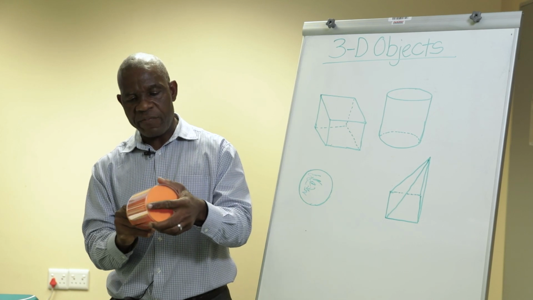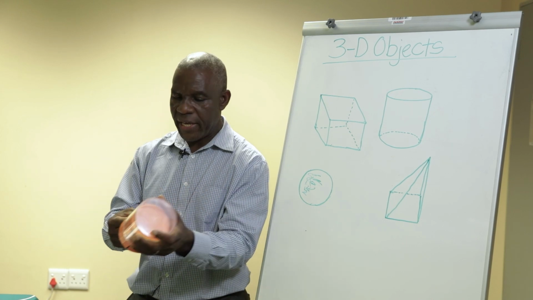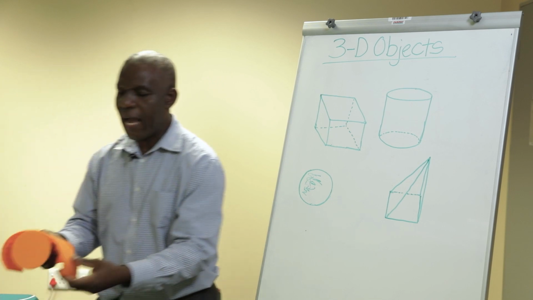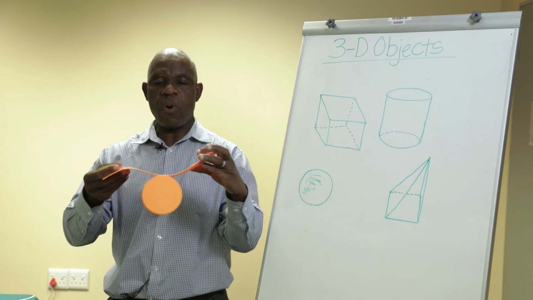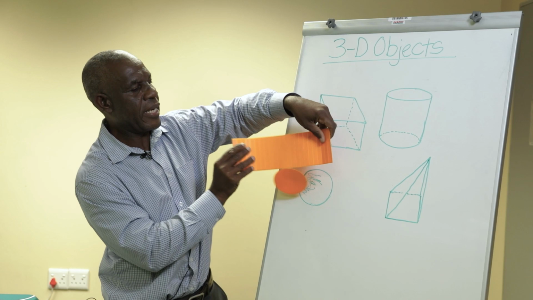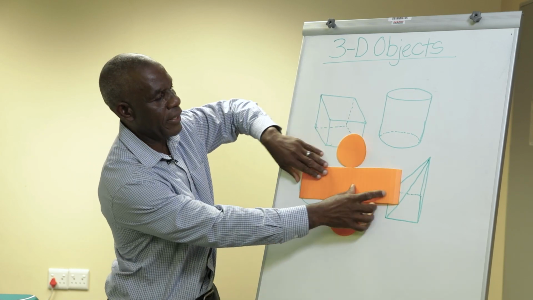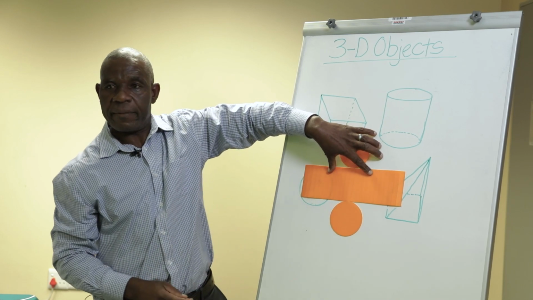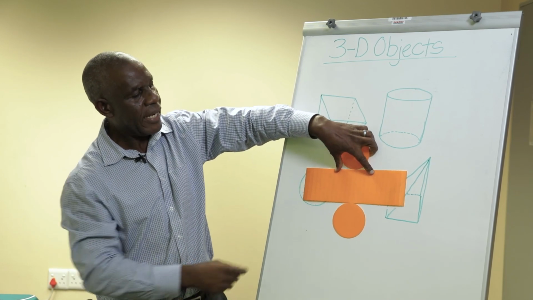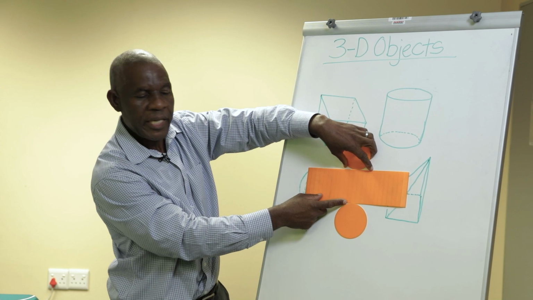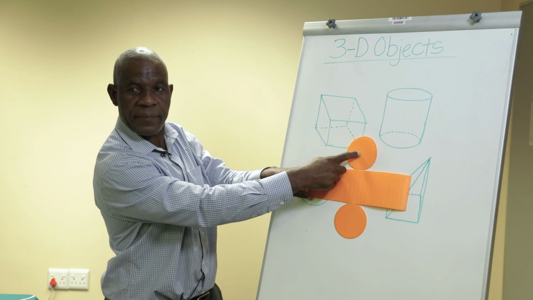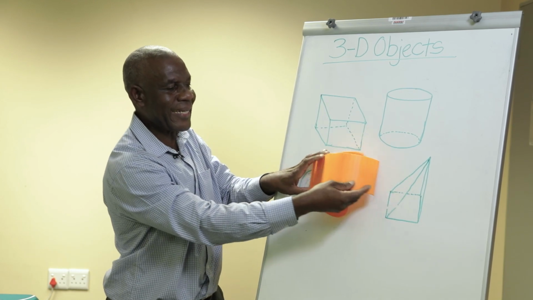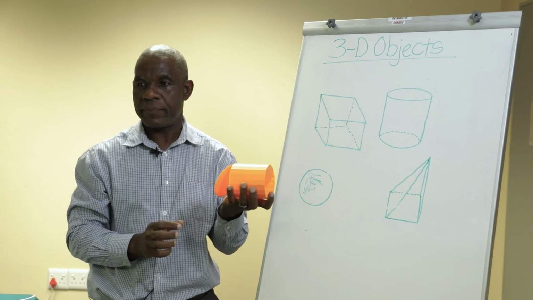So you need to have your manipulatives ready so that you can open it up like this. Once it's opened, your learners are able to identify that this is a rectangle. So in other words, a cylinder is made up of two circles and a rectangle that has been rolled up.